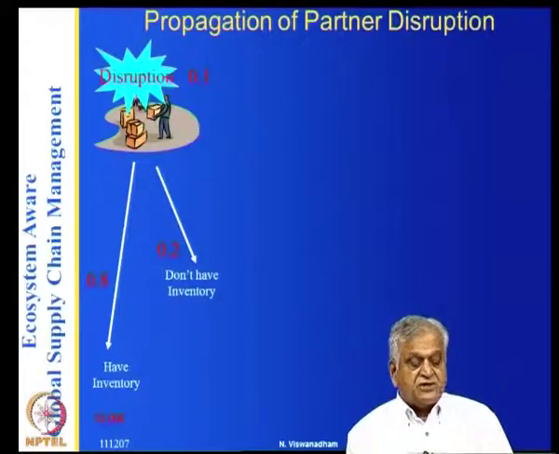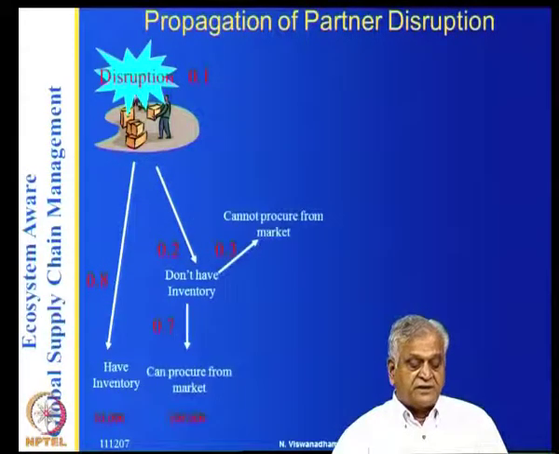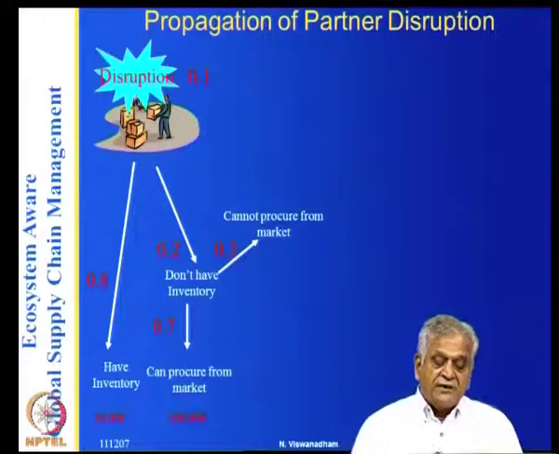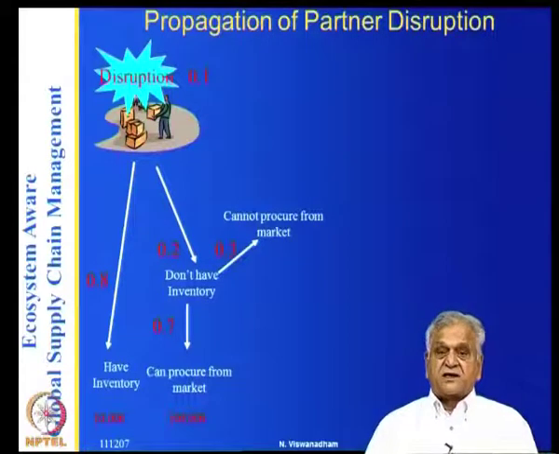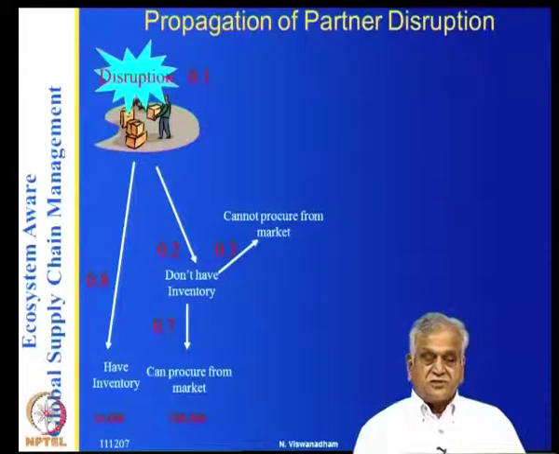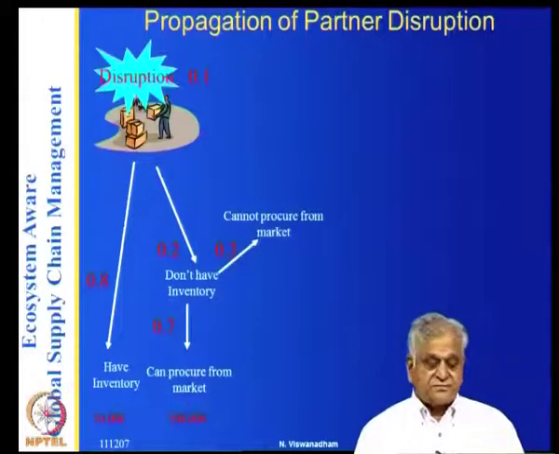So sometimes you keep inventory, or sometimes you don't keep inventory. If you are lean, JIT and so on, then you may not keep inventory. So if you don't have inventory, you try to procure from the market. In other words, you go onto the web, you go to an open exchange and try to buy it, or buy it from some other place.